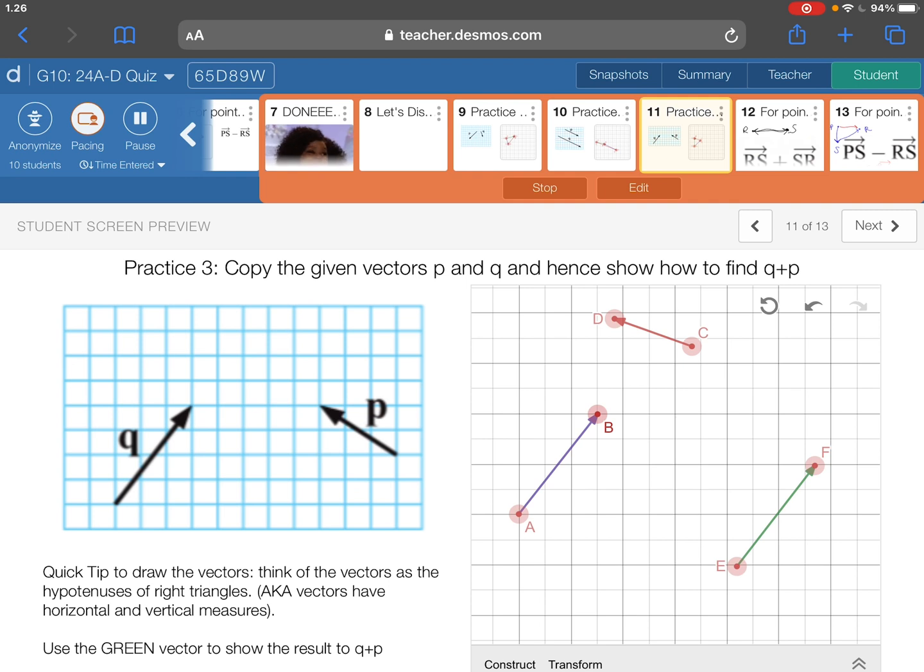Okay, and then plus P, that means add this here, horizontally 3 units, and then vertically 2 units. So it should be right here.